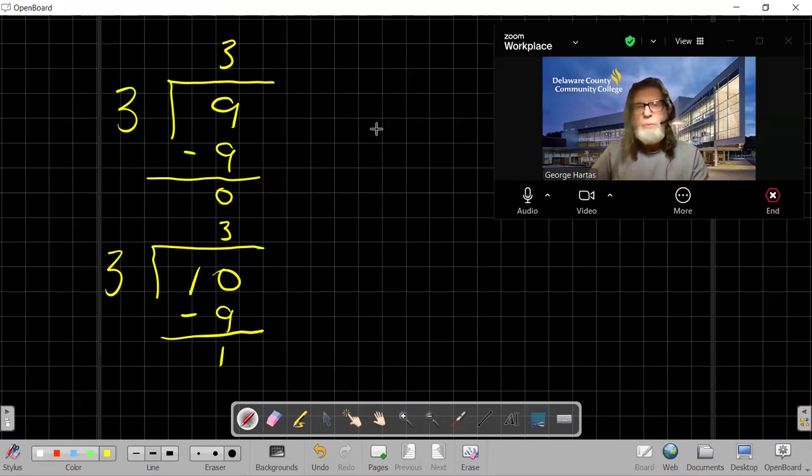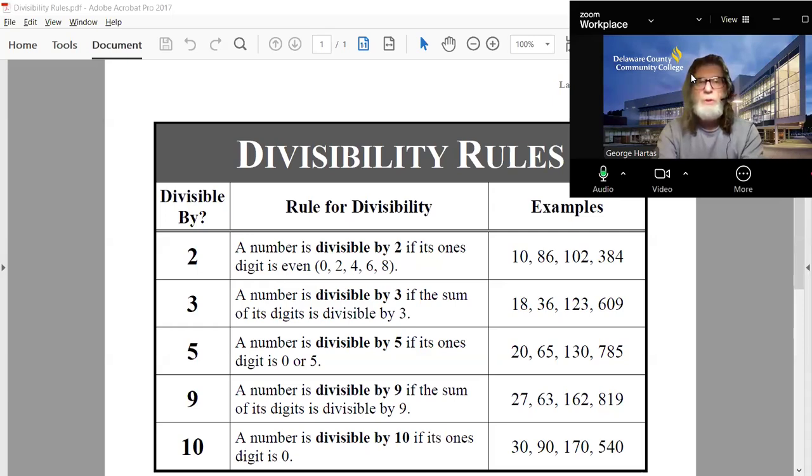And you will see more of the application of this when we get deeper into fractions. We are going to look at 5 different numbers for their divisibility. We're going to look at the numbers 2, 3, 5, 9, and 10. Other numbers have divisibility rules, but we're only concerned with these numbers.